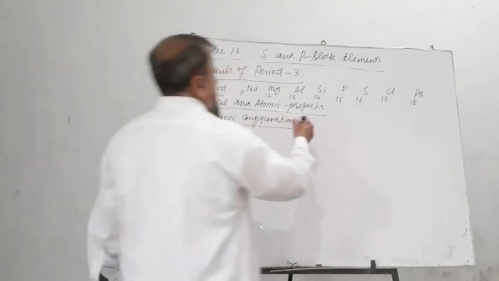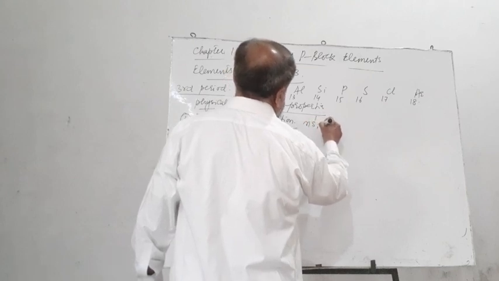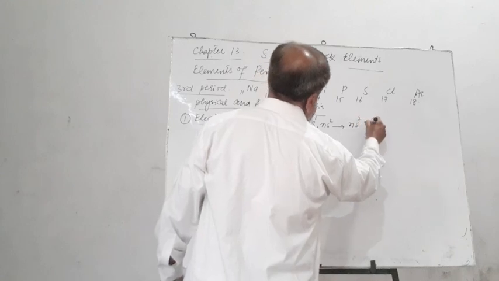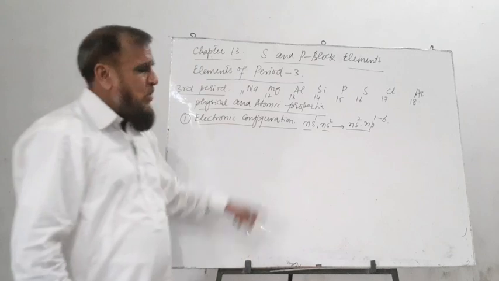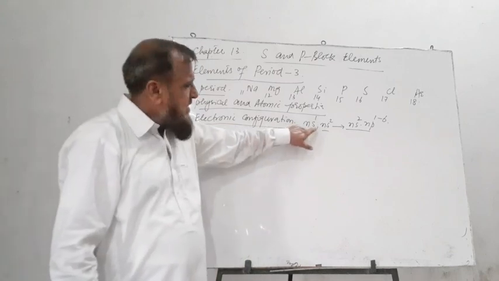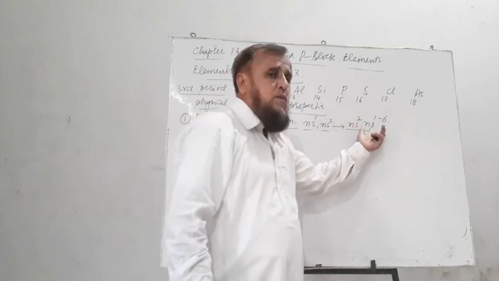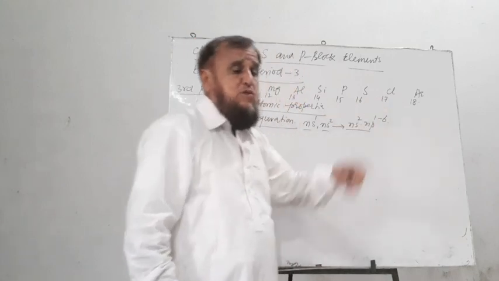Their electronic configuration may be ns1, ns2, to ns2, np1 to 6. Either they may have one electron in the s orbital, they may have two electrons in the s orbital, or they may have electrons in the p orbital ranging from 1 to 6.